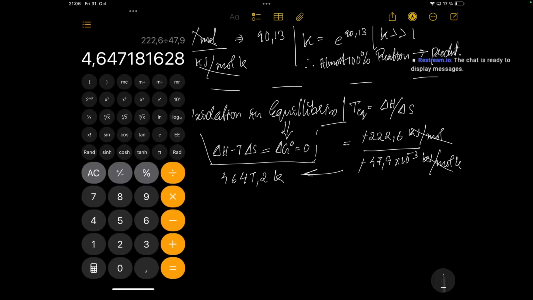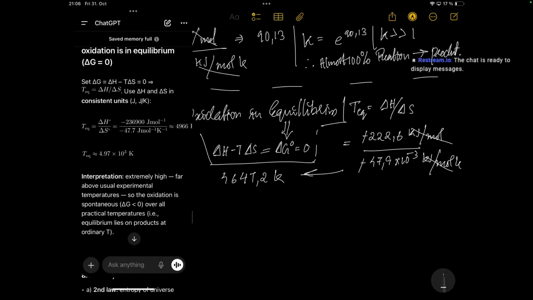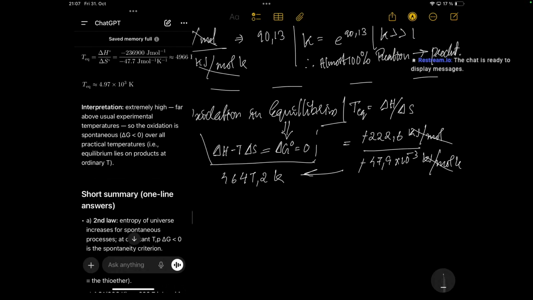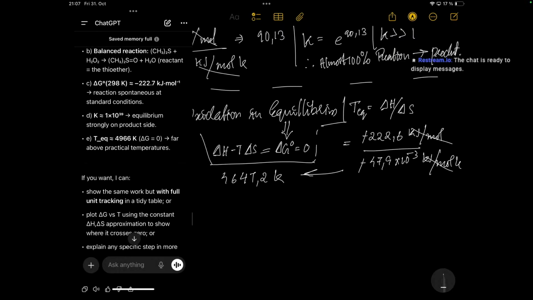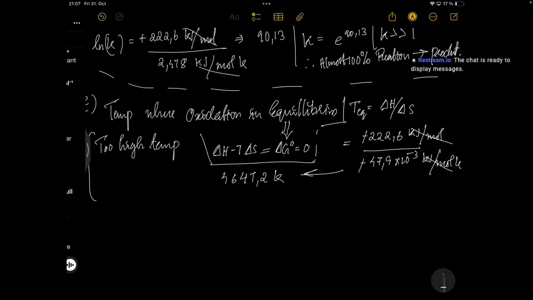Therefore, what was the reasoning? Extremely high, far above usual experimental temperatures. Oxidation is spontaneous over practical temperatures. Too high temperature. That's it.